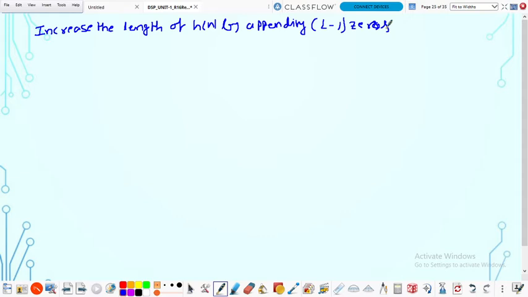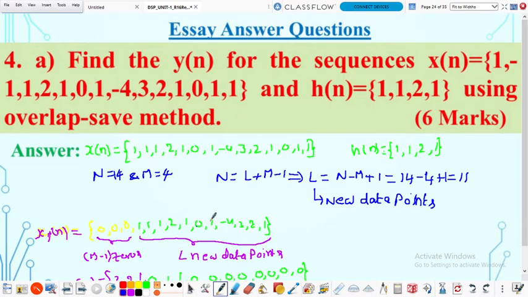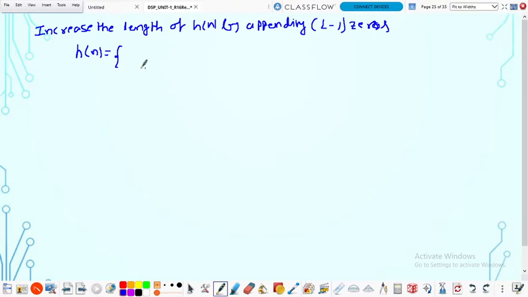Therefore the sequence h of n is equal to 1, 1, 2, 1 by appending 10 zeros. 1, 2, 3, 4, 5, 6, 7, 8, 9, 10. 10 plus 4, 14 samples for h of n.